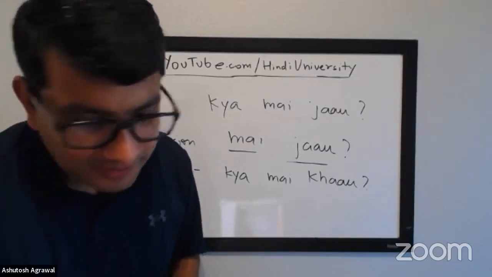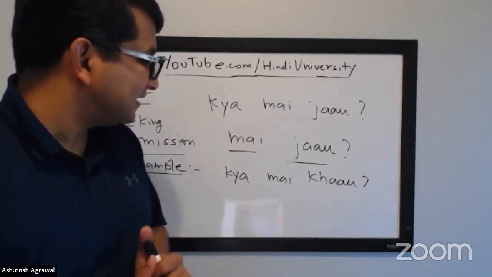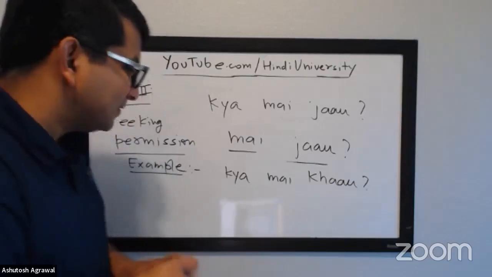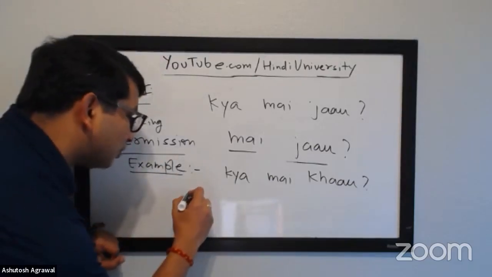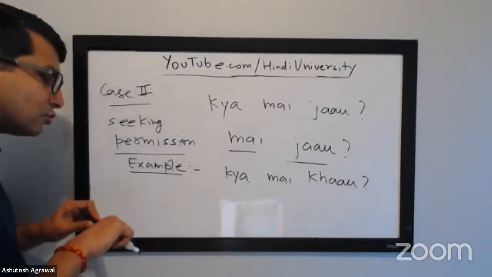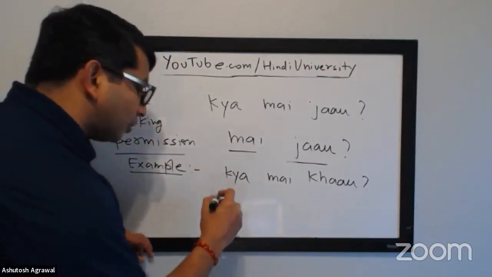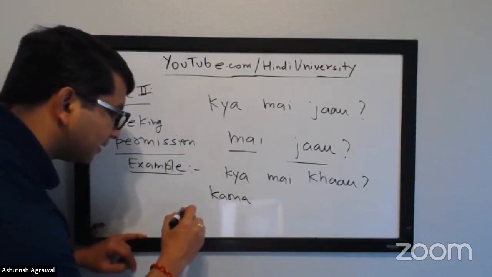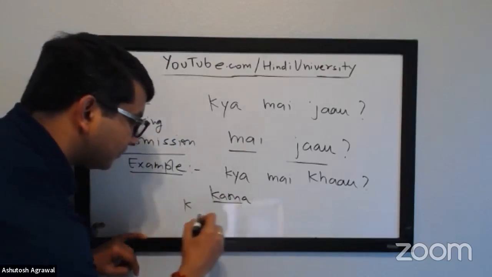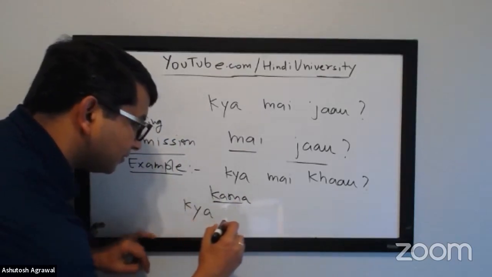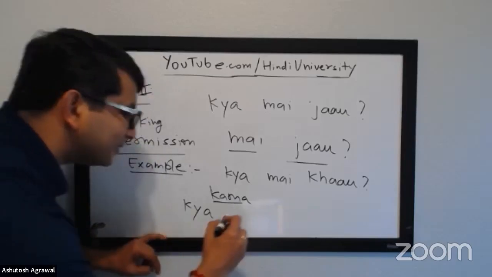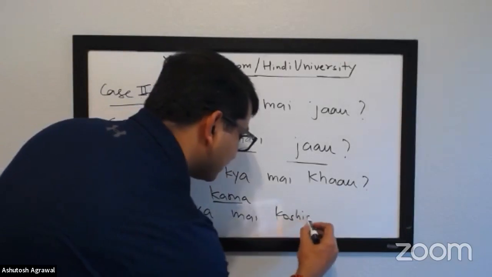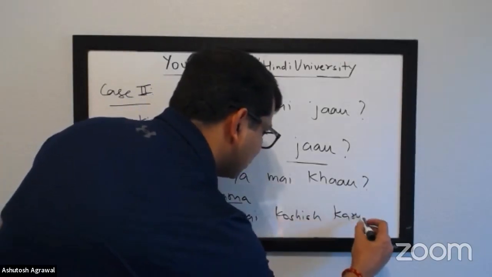Can I try, please? क्या मैं कोशिश कर सकूं? Very good. So you can use sakna also, but let's say you just want to conjugate karna, koshish karna. क्या मैं कोशिश करूं, with a nasalized sound.